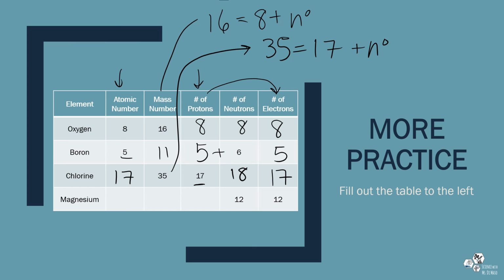And now our last one, we don't have any of this first information. We're only working from a number of neutrons and electrons, but we know there are 12 protons because it has to equal my number of electrons. And I know that that makes my atomic number 12. Add up my number of protons and neutrons, and I get a mass number of 24.